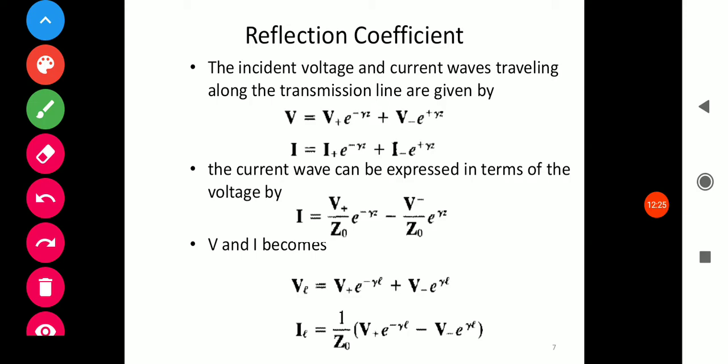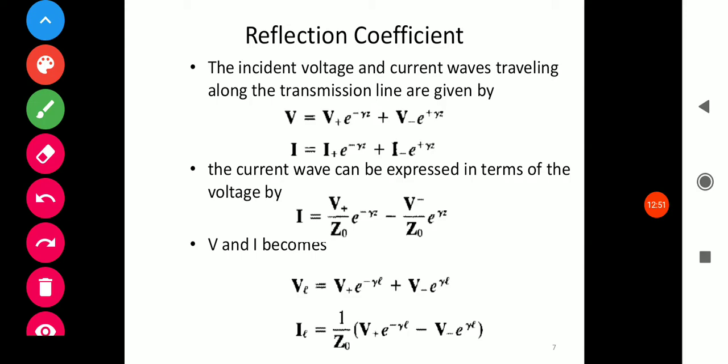So now let us formally define the reflection coefficient. We are using general transmission line theory. We derived voltage and current at any point of the line: V is equal to V plus e power minus gamma z plus V minus e power plus gamma z.